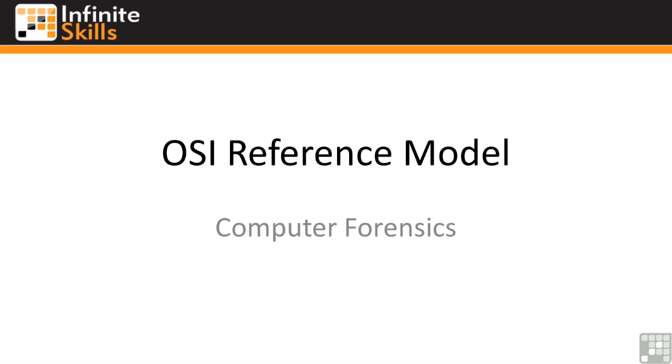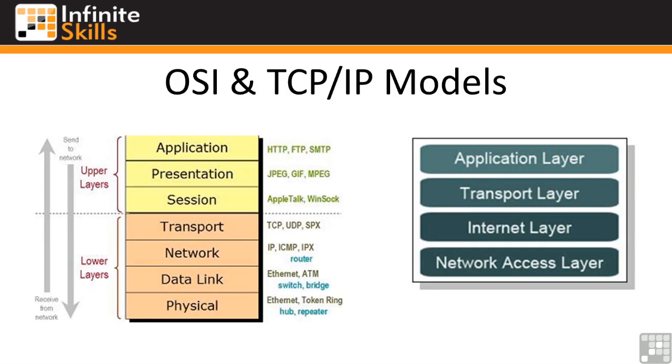Understanding the OSI reference model sometimes helps you understand better what's happening with network communications, and it also provides you a bit of a shorthand with talking about specific pieces of the network transmission and different network protocols.